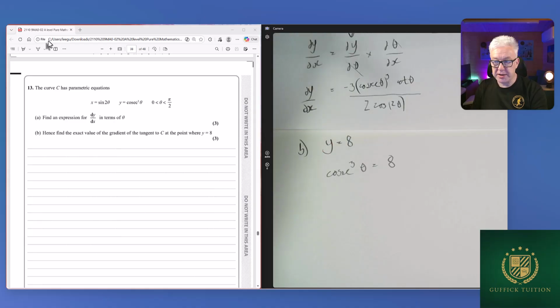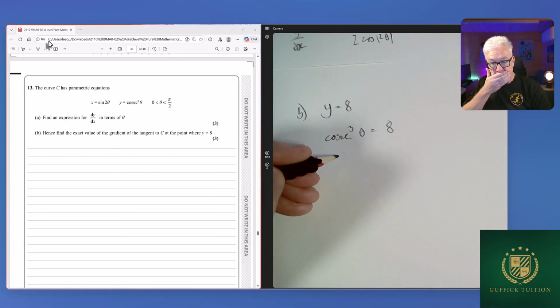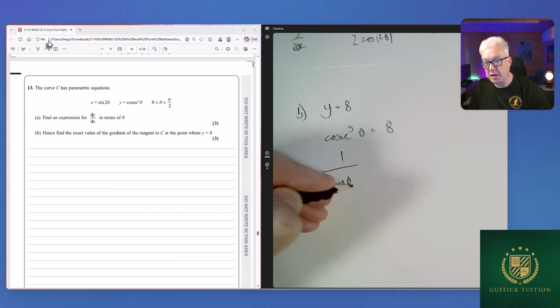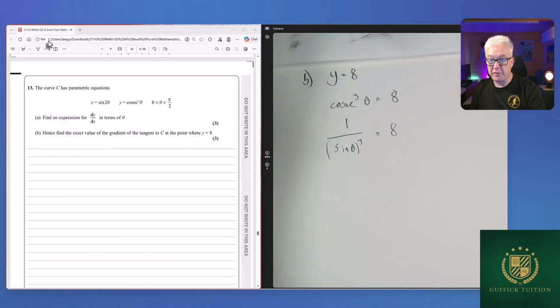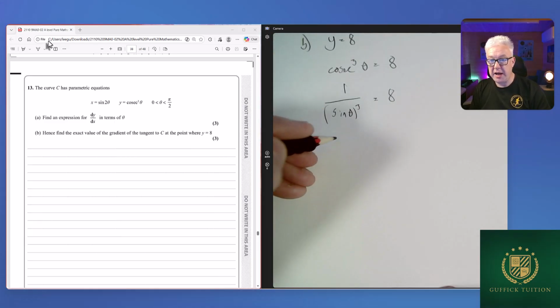Now, cosec cubed is 1 over sine cubed. So that can be written as 1 over sine theta all cubed is equal to 8. Take the reciprocal of both sides, which now means that sine cubed theta is equal to 1/8.